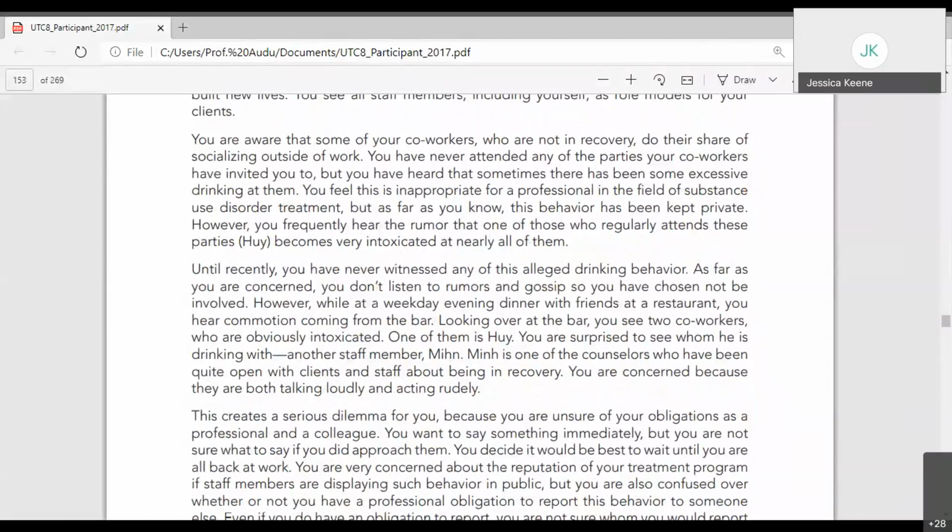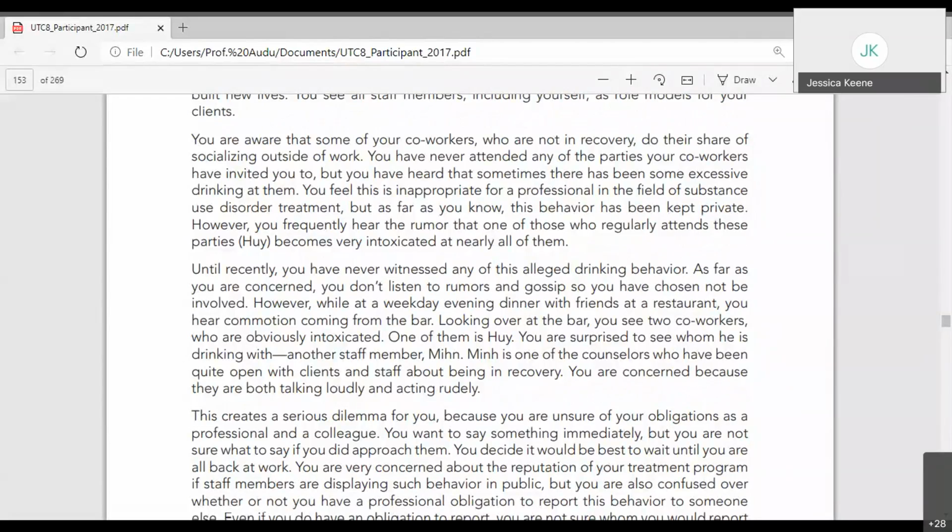You have never attended any of the parties your co-workers have invited, but you have heard that sometimes there has been some excessive drinking at them. You feel this is inappropriate for a professional in the field of substance use disorder treatment. But as far as you know, this behavior has been kept private.